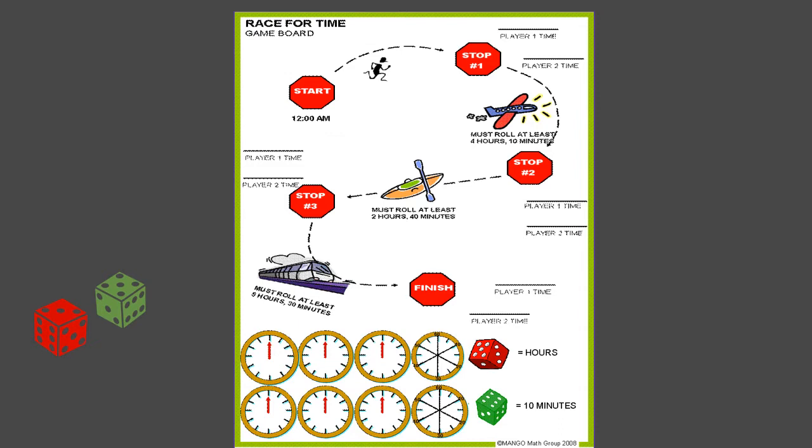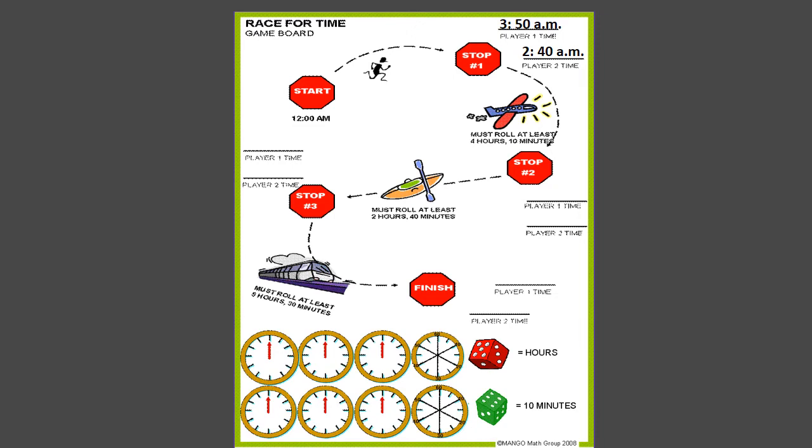So in this case, we have the time of 3 hours and 50 minutes. Notice that player 1 and player 2 have both gone. Player 1 got to stop number 2 at 3:50 a.m. and player 2 got to stop 2 at 2:40 a.m. The students can use the clocks below to record that information.